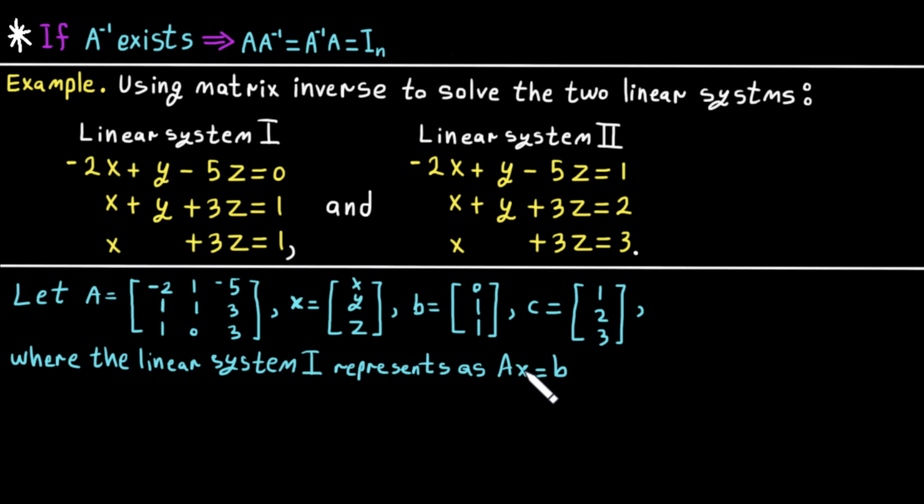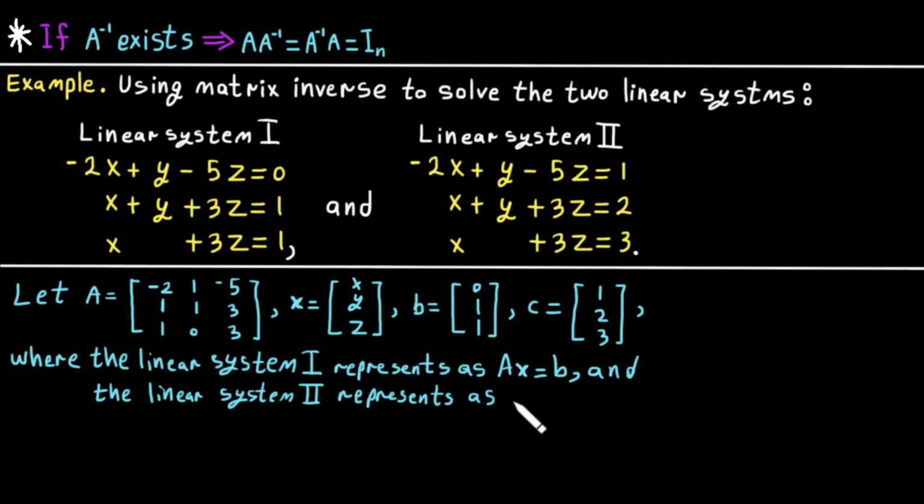The x here is in bold. And linear system 2 is represented as Ax equals c.